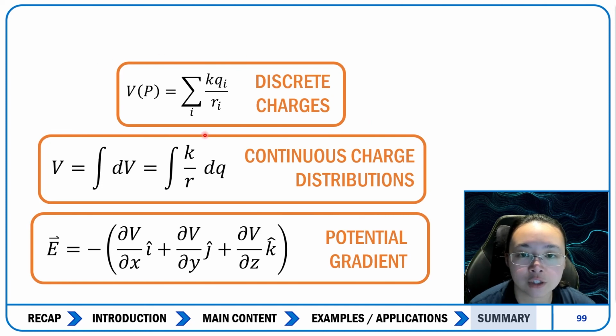For discrete charges, you would use this. The last equation we went through was another definition of the electric field and how we can calculate it using potential. And that's if you use a potential gradient, you will be able to calculate the electric field by knowing its X, Y, and Z component based off of the gradient of potential.